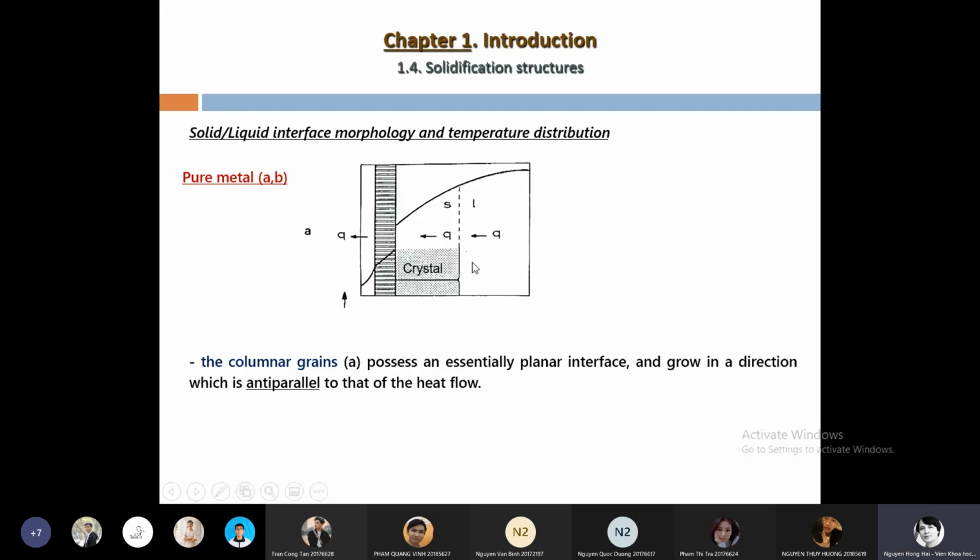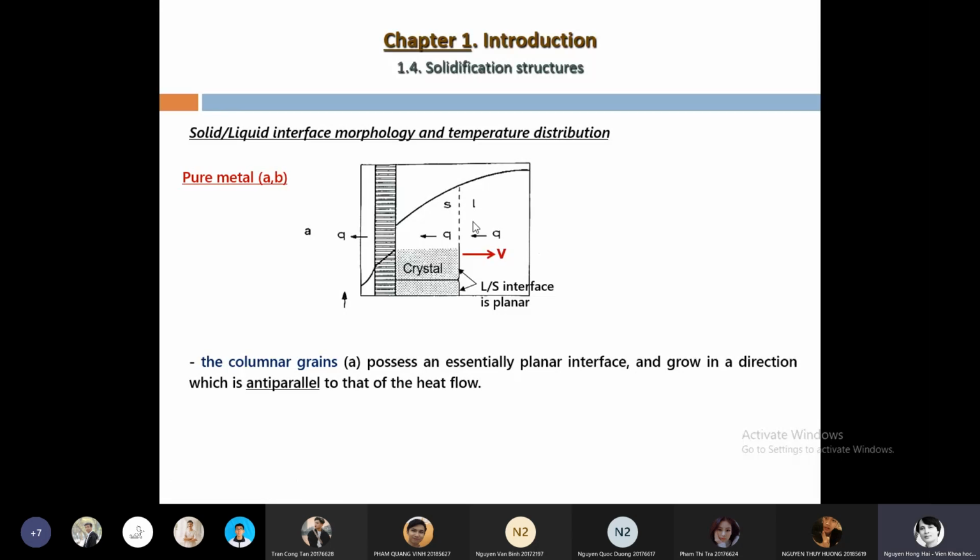The crystal grows anti-parallel to the direction of the heat flow. The liquid-solid interface is planar, and if the crystal is nucleated at the mold, it grows from the mold toward the liquid.